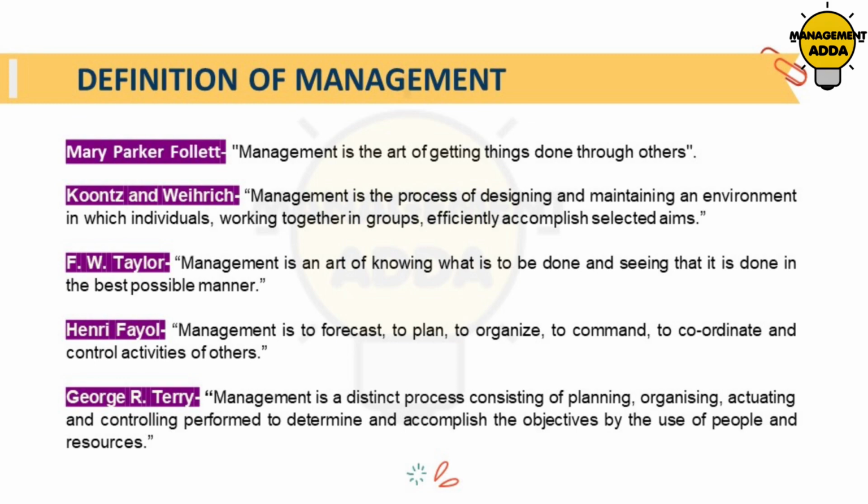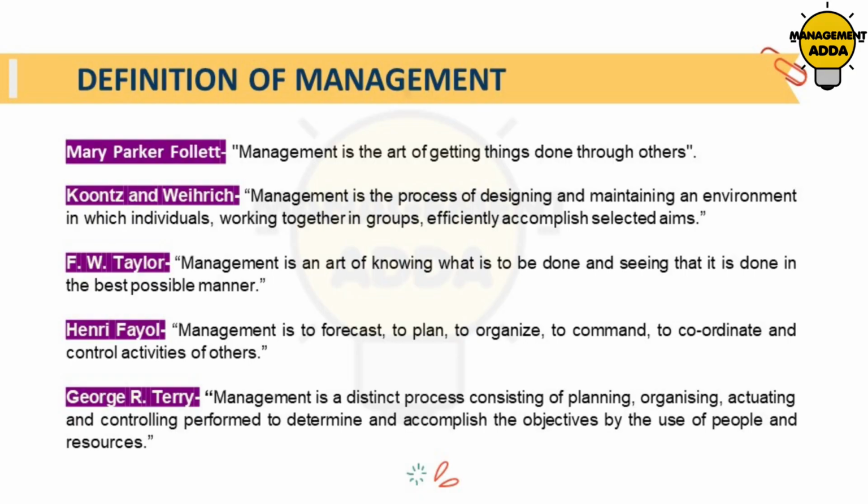According to F.W. Taylor, management is defined as the skill of knowing what needs to be done and making sure it is done in the best way. According to Henri Fayol, management includes planning, organizing, leading, coordinating, and controlling people's activity.